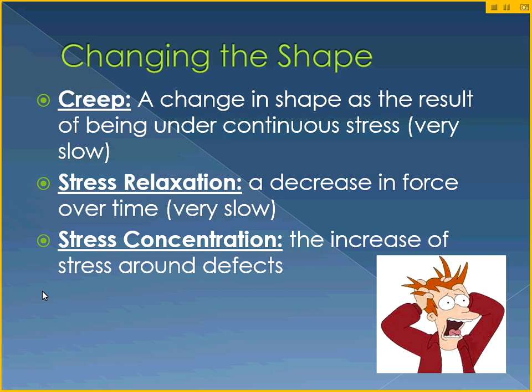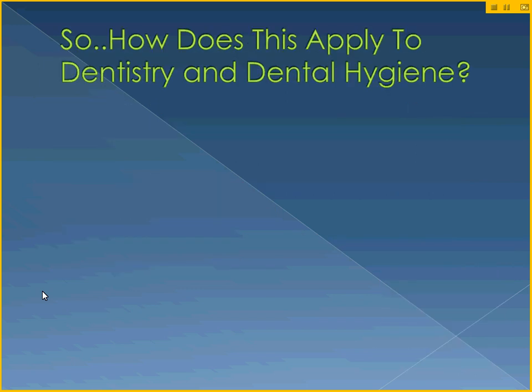So whenever you put enough stress on something in one area, if you go back and continue to place stress anywhere around that area, the original stress area is going to continue to be stressed out, basically is what that means.